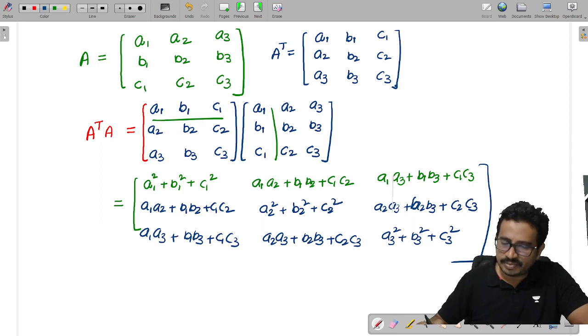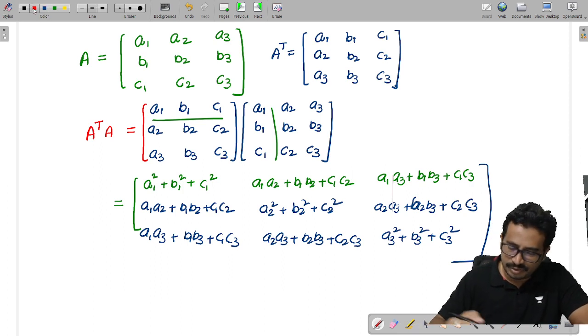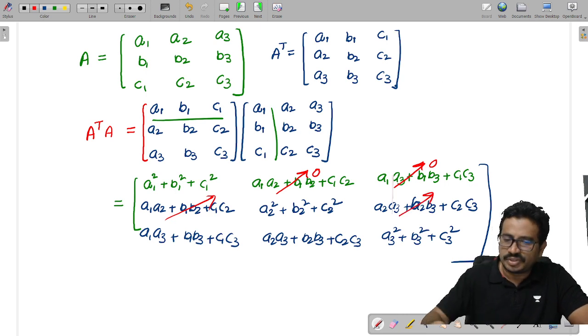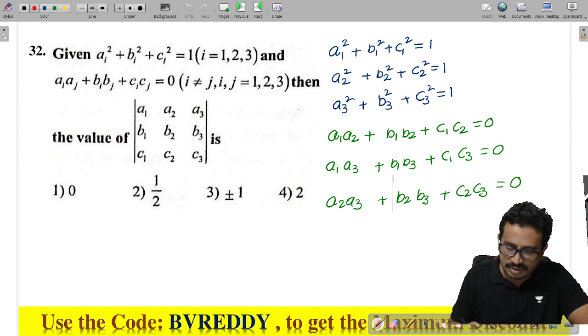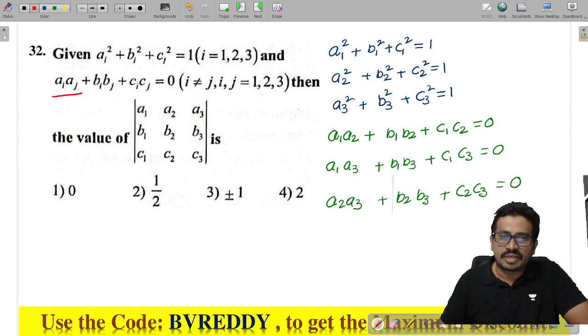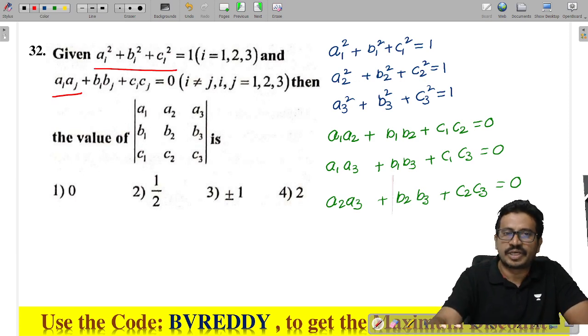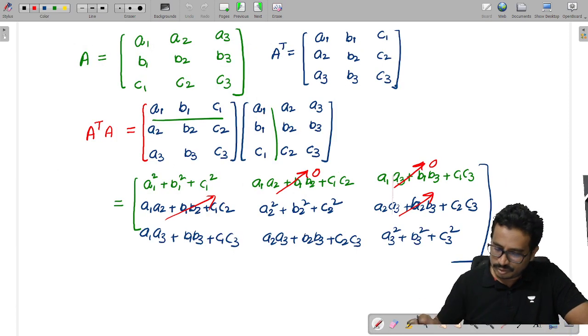Now, as per the given information, all the off-diagonal values are zeros, since they gave the condition that when i is not equal to j it is 0, and otherwise it is 1. So from this, these terms are zeros.